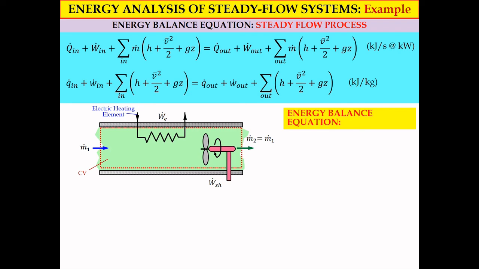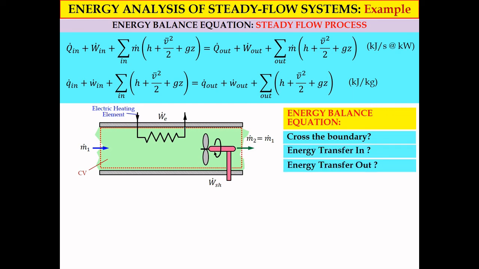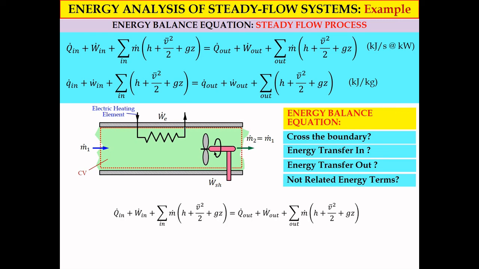Okay, so now we want to determine the energy balance equation for this case. So we need to determine which energy crosses the boundary, which energy transfers in, which energy transfers out, and which energy is not related to the equation. So this is the full equation for the steady flow system, the energy balance equation for the open system with a steady flow process.